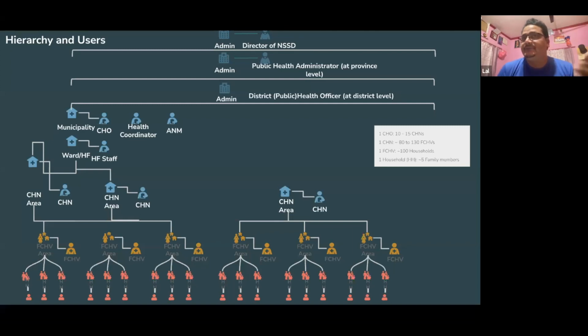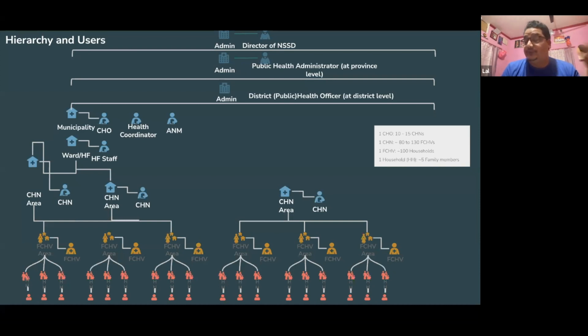They verify the reports of the community health nurses, and if there is any error, they correct it. You can also see above, at the district level, we have also created the hierarchy for a district public health officer. Similarly, for the provincial level, for the public health administrator, and for the director at the central level for the NSST.